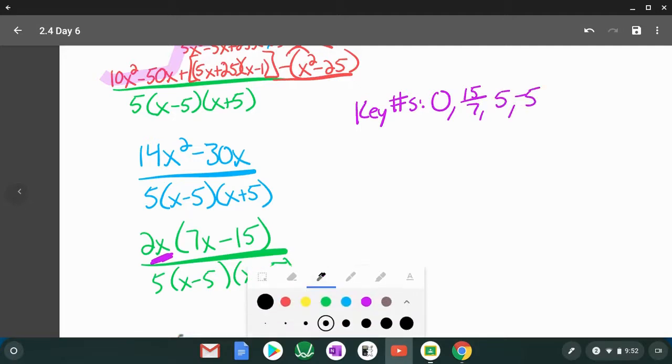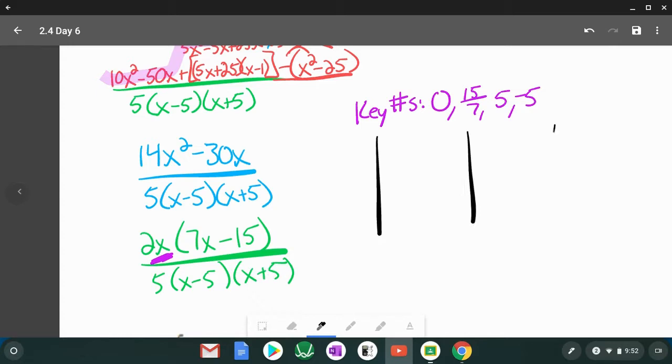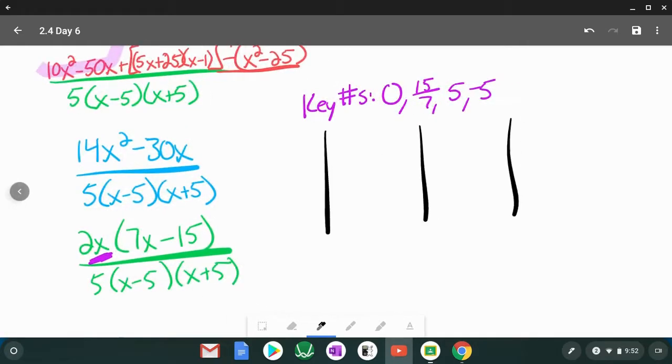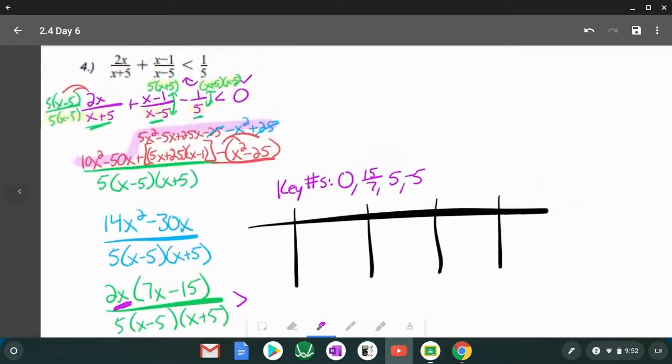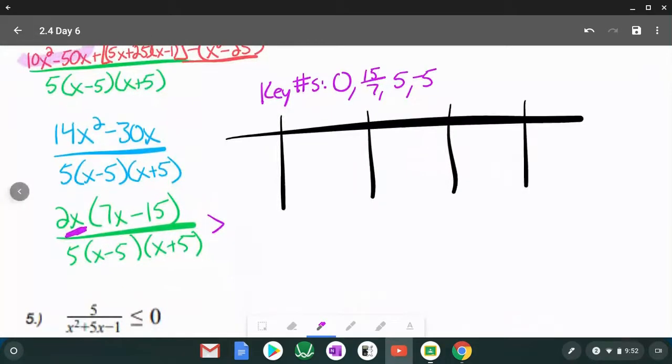So when we make our table, and again, based on your directions, if you're allowed a calculator, you can plug this part in right here. At this point, you can plug in this. It's less than 0. You can plug this part into the calculator and see how it compares to 0. But we're going to do this by hand.